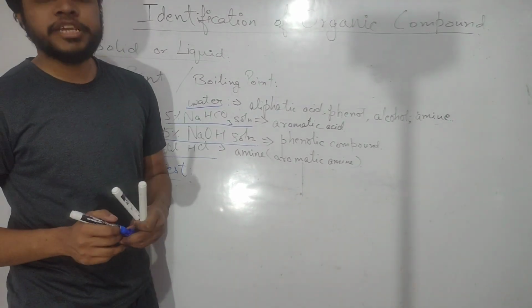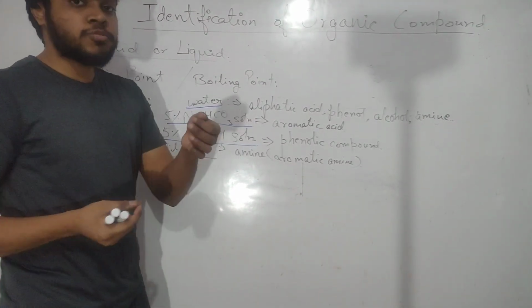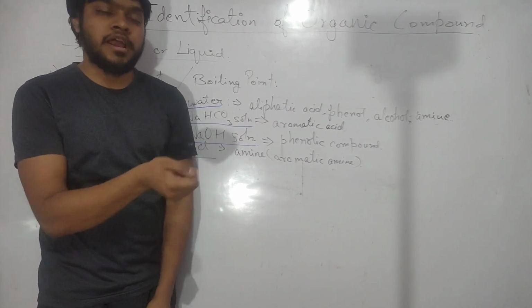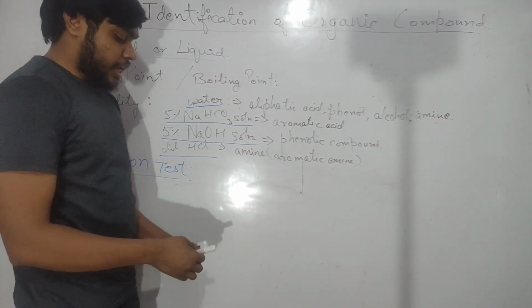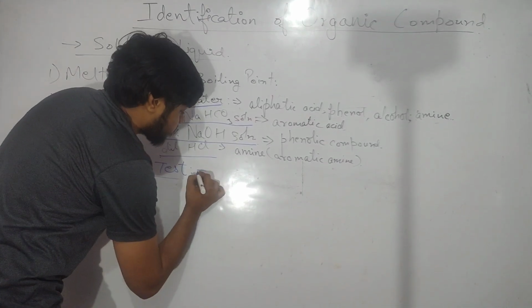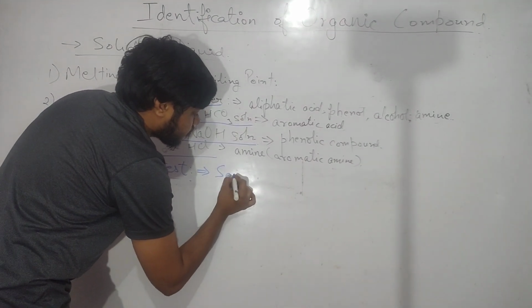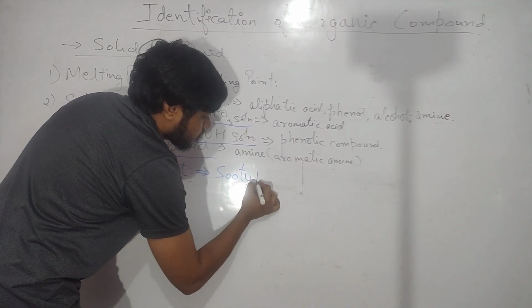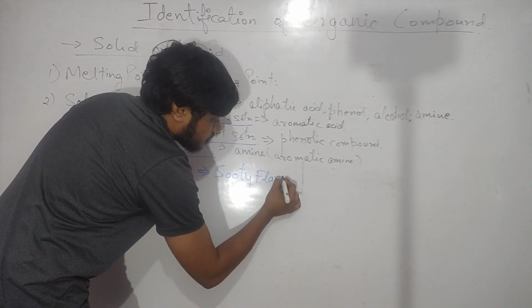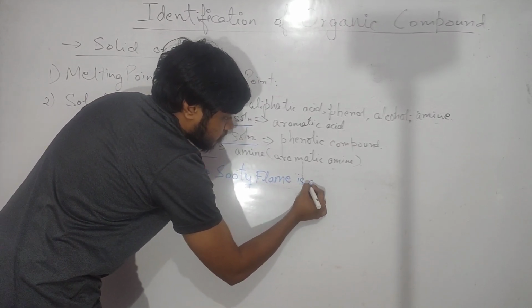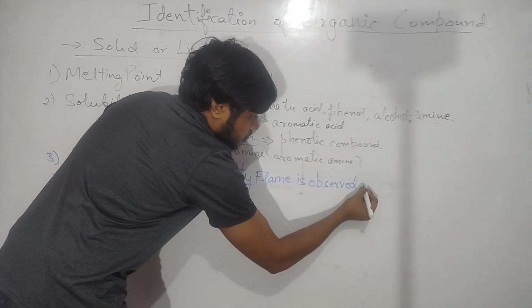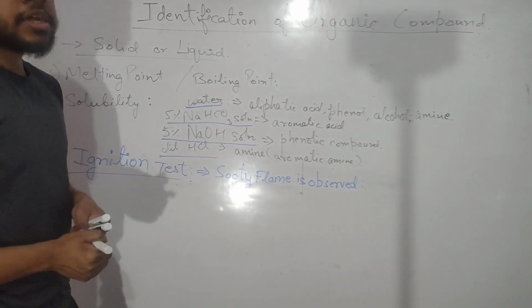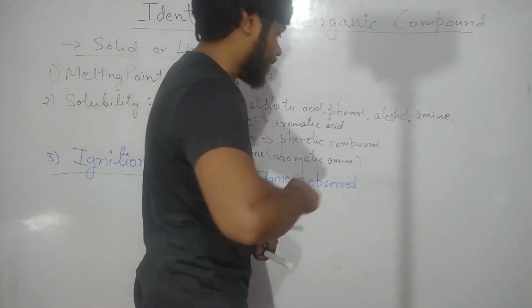So what we do in the ignition test is we take a small quantity of compound in a spatula and burn it in a Bunsen burner, and we observe the flame. If the flame is sooty, if sooty flame is observed, the compound could be an aromatic compound.